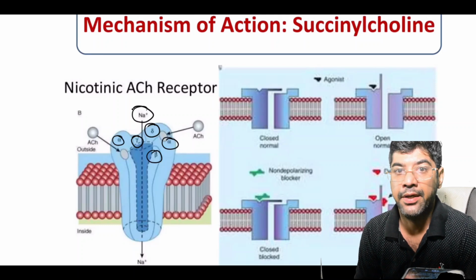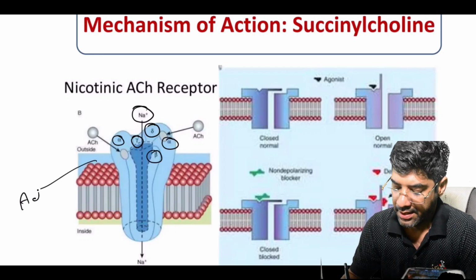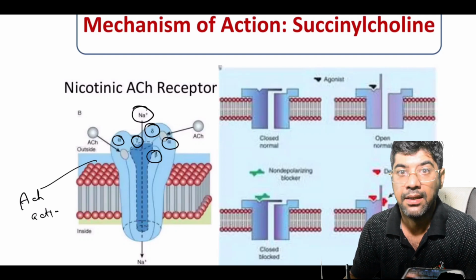Normally, acetylcholine binds to the 2 alpha subunits on the receptor, causing the sodium channel to open and muscle contraction to occur. Competitive blockers like tubocurarine have a structure similar to acetylcholine, but they are bulkier. So they bind to the receptor but do not cause the channel to open, hence blocking acetylcholine action.